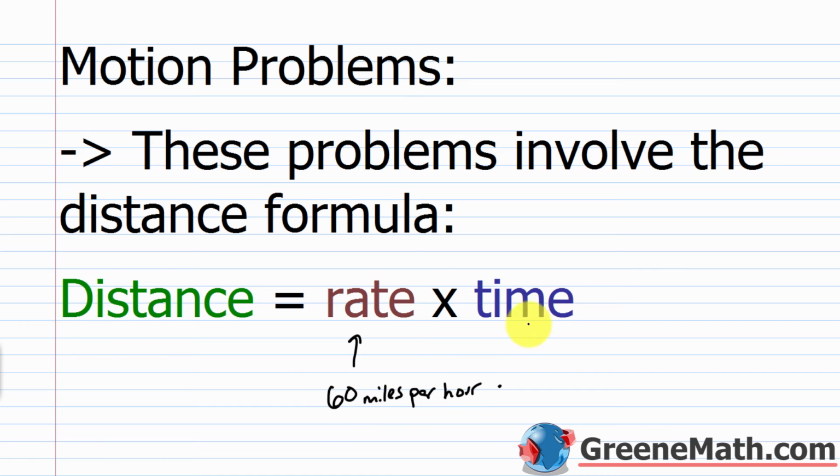So 60 miles per hour times 3 hours, how far are we going to go? Well, forget about the units here. We're going 60 times 3, that's 180. So we're going to end up going 180 miles, right? We all know that. And that's what the distance formula does. It tells us that the amount of distance traveled is equal to the rate of speed times the amount of time traveled.